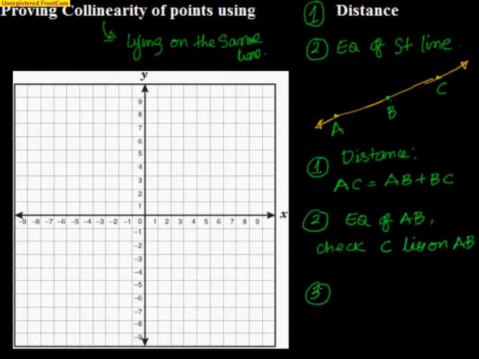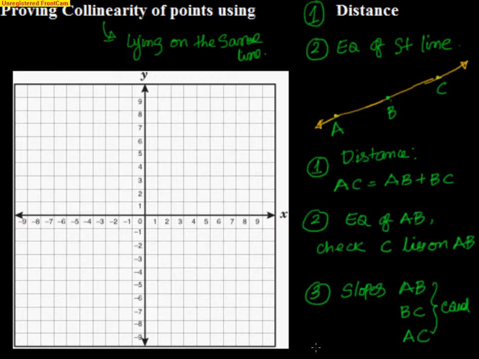The third way is you can check the slopes. Check the slope of AB, the slope of BC, and the slope of AC. If you get the slopes as equal, then, remember, equal slopes normally mean the lines are parallel, but here we have a common point.